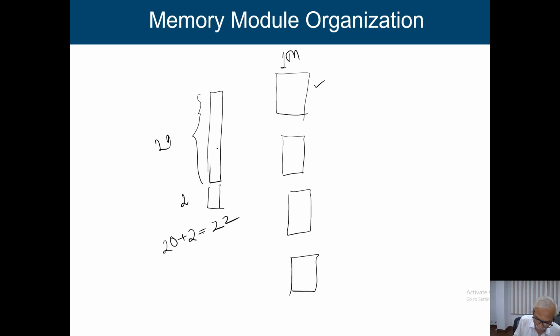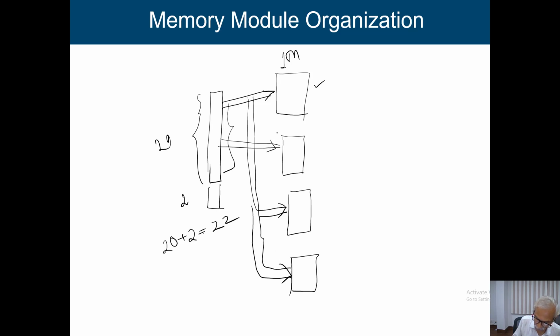Now these 20 lines will be connected to the address bus of those 4 chips. Depending on the address, just for simplicity I will say that the values of all those bits are 0, so this is 0 0.